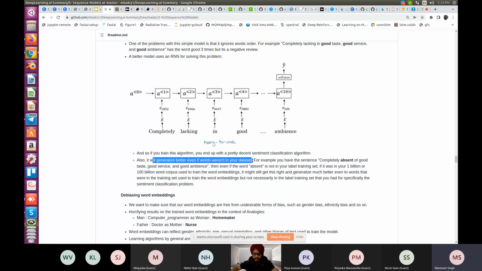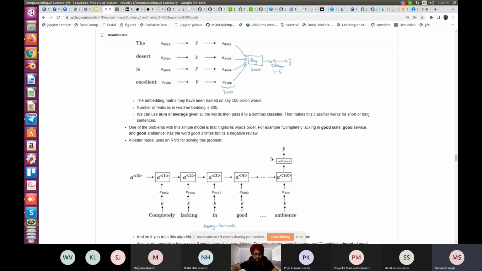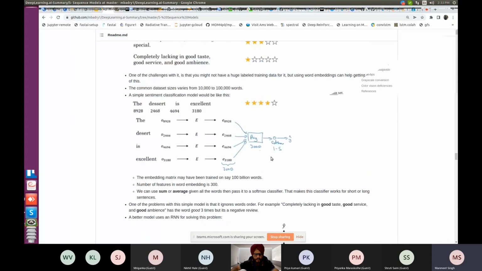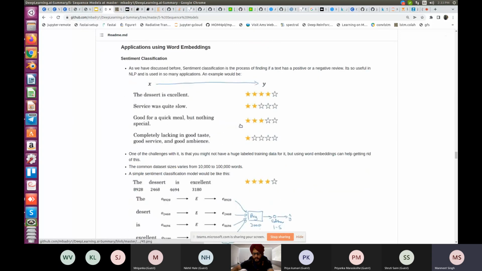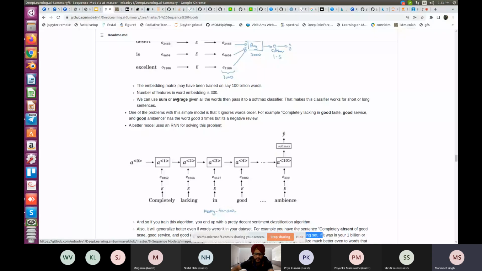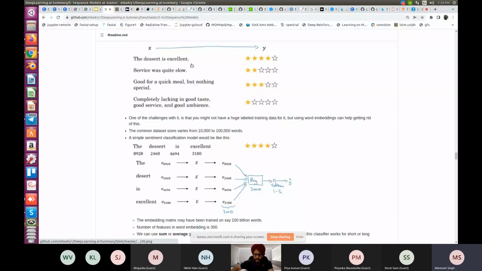For example, you have the sentence completely absent of good taste, good service. So the word absent is not in your label training set. So for example, if in your label training data set you don't have this word absent, but it is there in the data on which you now have to test the model.